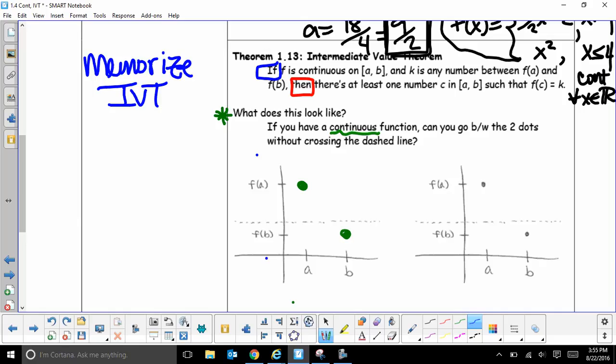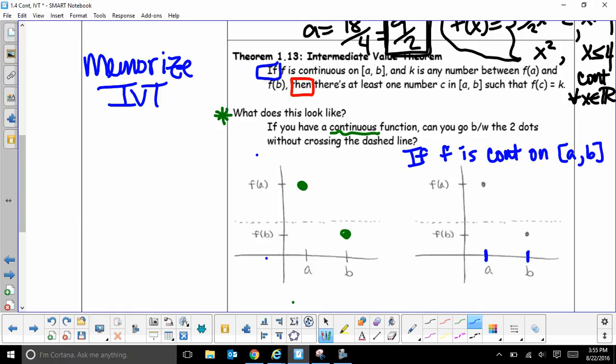If f is continuous on the interval AB. Okay, and that's what I'm looking at here. Here's the interval starting at A and going to B. Yes, it's continuous.